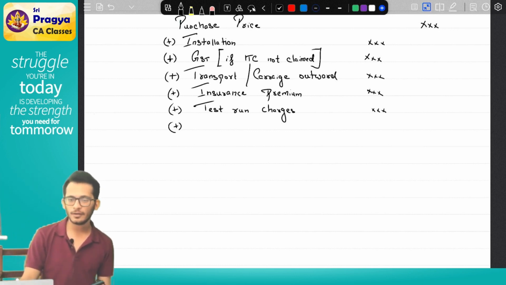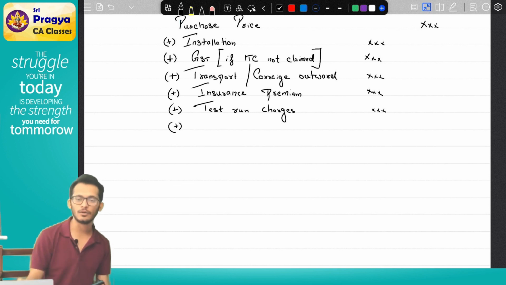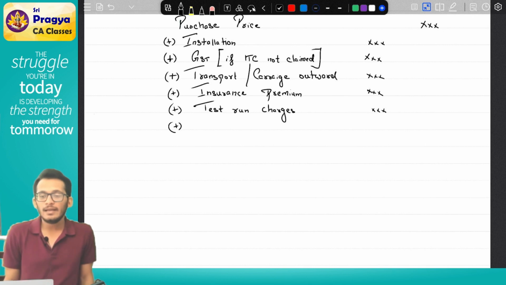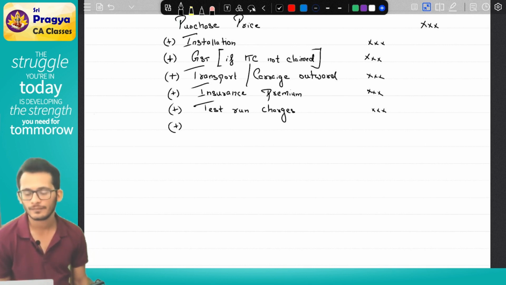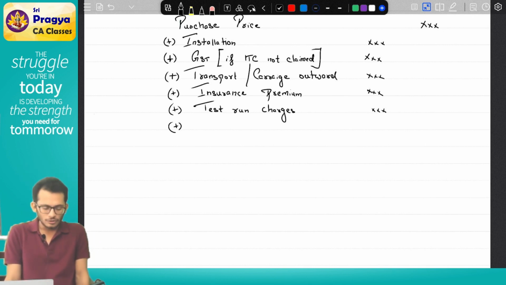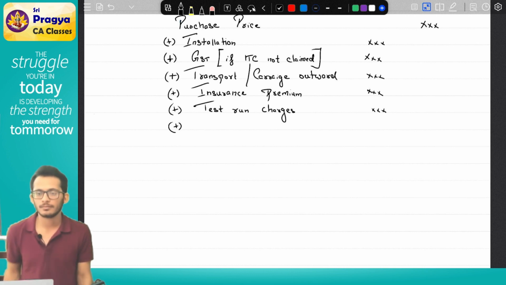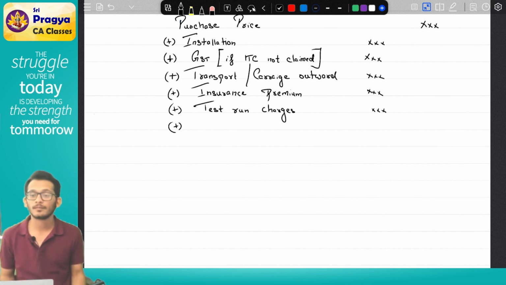The chapter of borrowing cost says that whenever you have taken a loan for purchasing an asset, the interest which you are incurring on the loan should also be capitalized until the asset is ready to use. Since I am in income tax, I am bothered about ready to use or put to use.